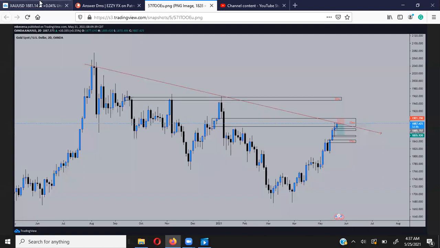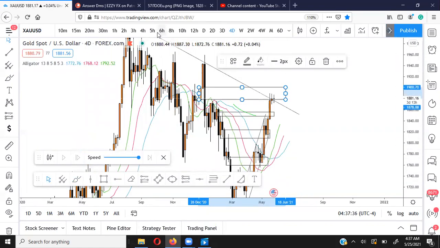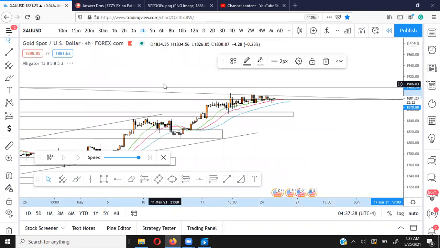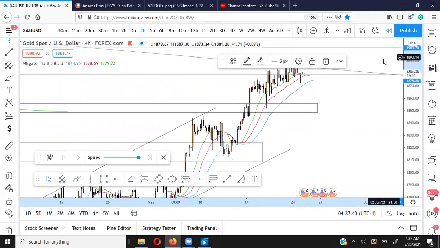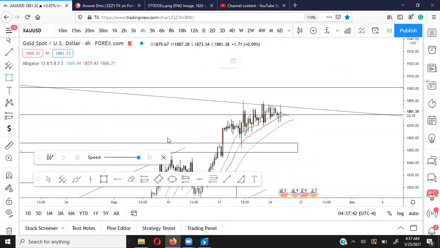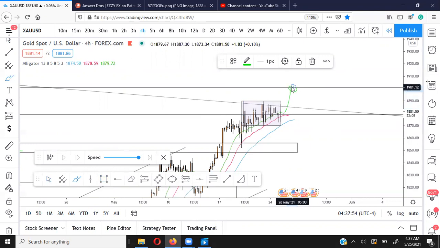But in my personal opinion, as you can see, you have a beautiful contraction in here. What I expect from gold is one big push to the edge of the 4 days IPO, and then the sellout to this level, and probably continuation to the upside, breaking the zone above.